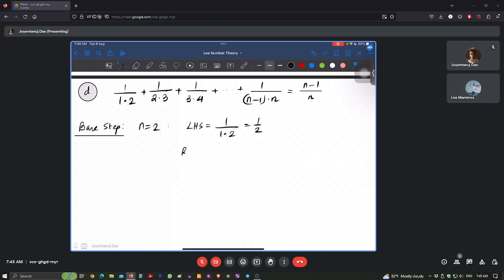And what is the RHS? That would be 2 minus 1 over 2. Right. So that is also half. So this works. And then we assume that it is true for n equals to k. So k is bigger than 2 here because n is starting from 2.